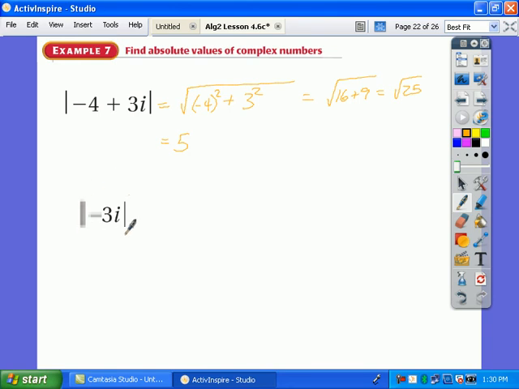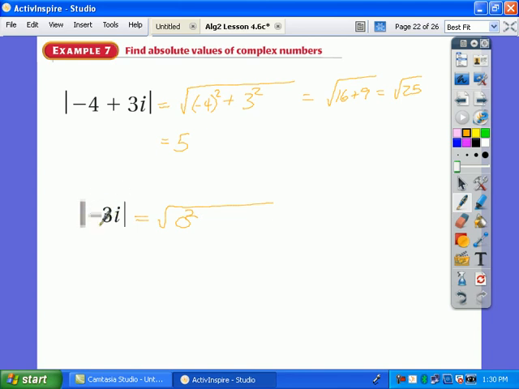Okay, we can do, again, the absolute value of this -3i, the second problem. We take the square root, and we square the real number part, but there is no real number part. So we could just say that's 0, if you want to put it in there. And 0 squared is, of course, just 0, so that's not really interesting.